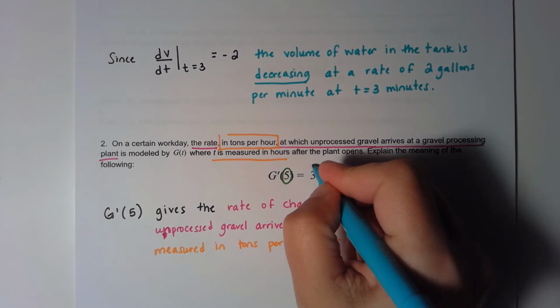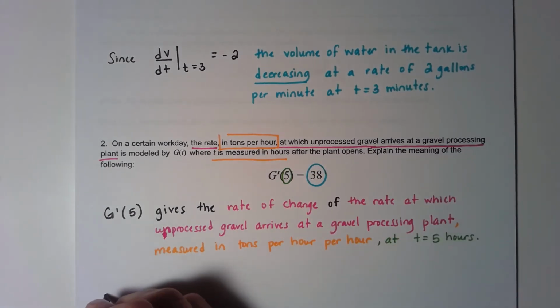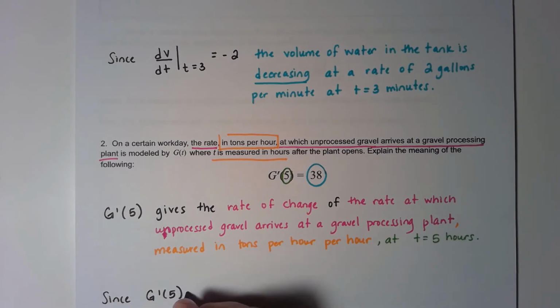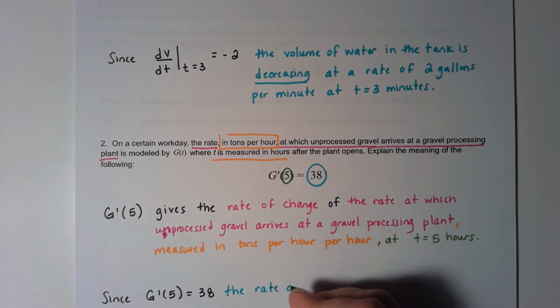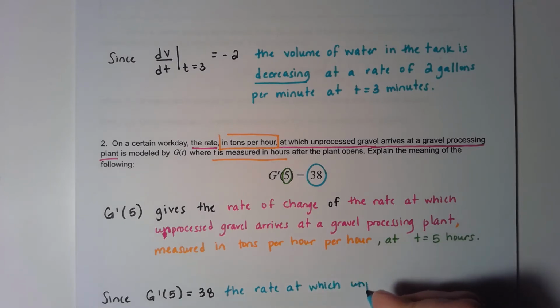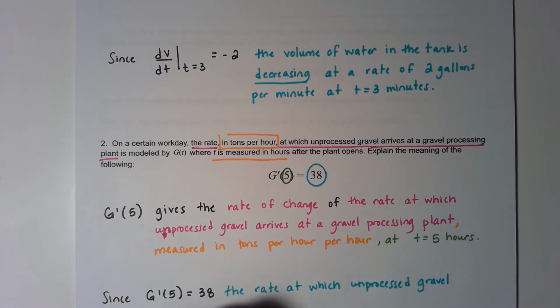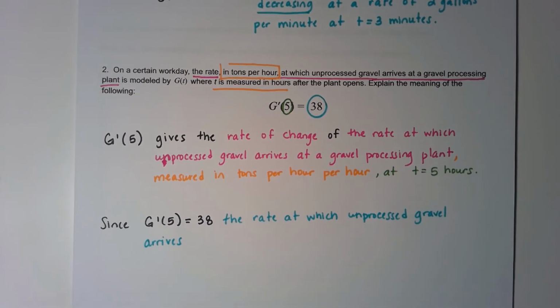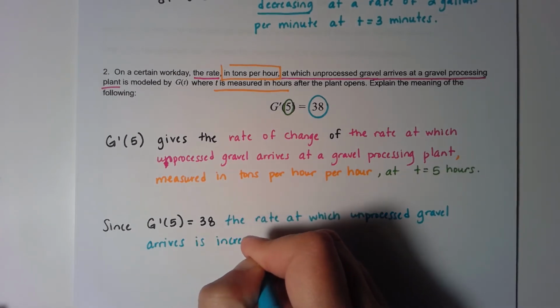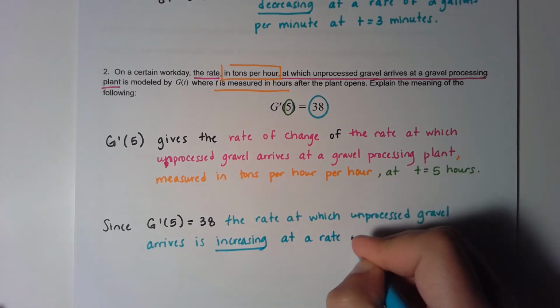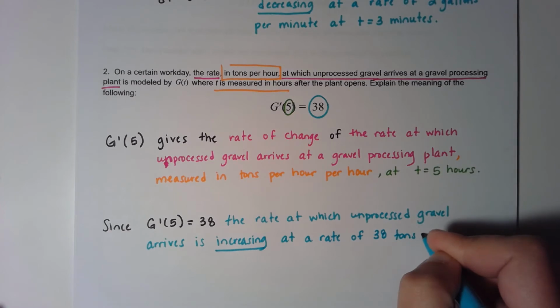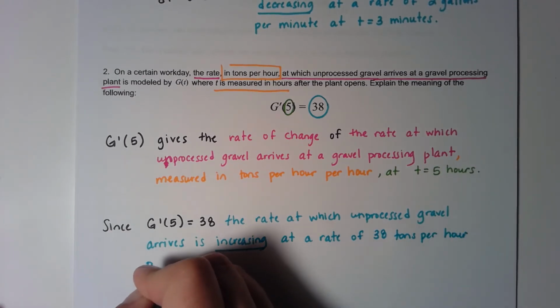Now, since we had a positive number here, we can say that since G prime of 5 is equal to 38, the rate at which unprocessed gravel arrives, the thing we were measuring, is increasing because that's a positive number, at a rate of 38 tons per hour, and then another per hour because it's like the second derivative.